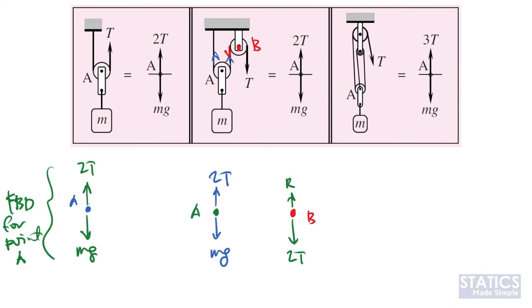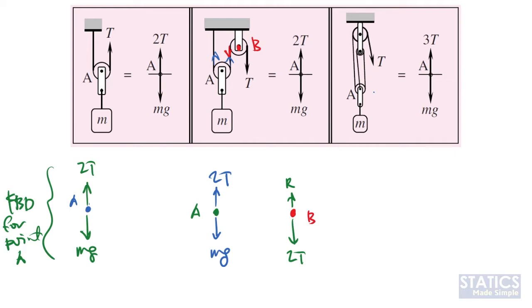And lastly here, look at the cable system. We have this T passing through this cable, and it goes to the first pulley, second pulley, and then the third pulley, and ends here. So this is made of the same cable, so the tension within the cable should be the same.